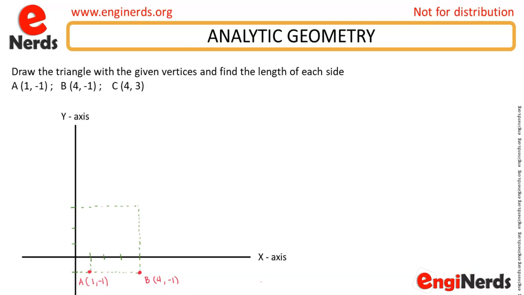Okay, so therefore, yung point C natin is right here. So, we have here C is 4 and 3. So, now we can see from here that we formed a triangle. So, ito yung triangle natin dito.